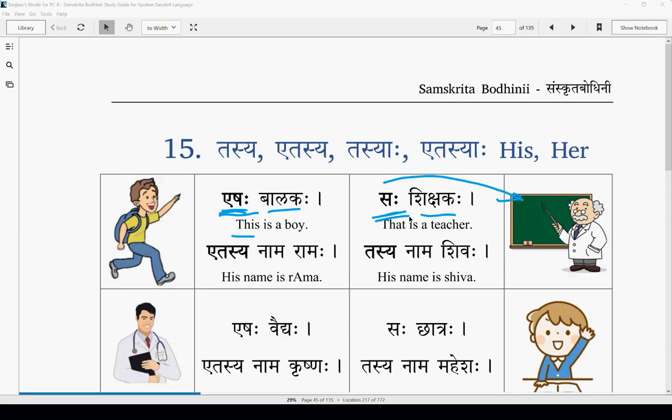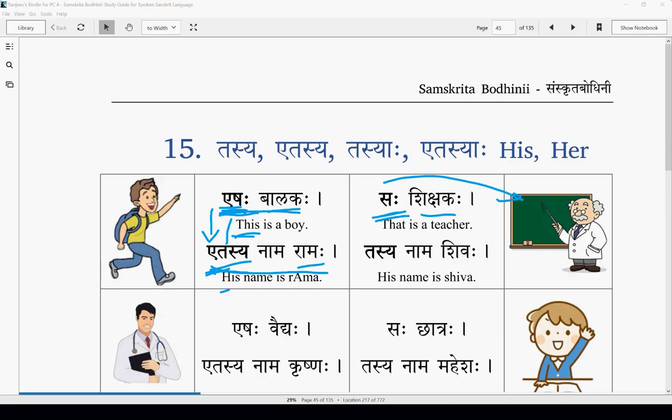So we have the Shashti Bhakti form for Eshaha as Etasya. So if it is Eshaha Balakaha, the Shashti Bhakti form becomes, in this example here, Etasya Nama Ramaha. It means this person's name, Etasya. Eshaha is this. I've written he here, but I don't know how to write that in English.